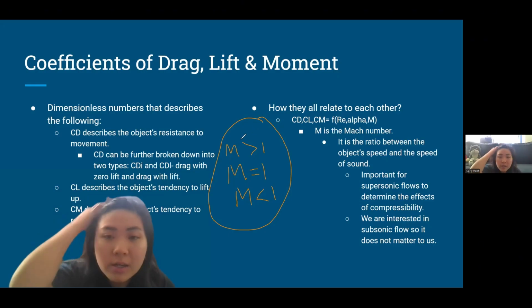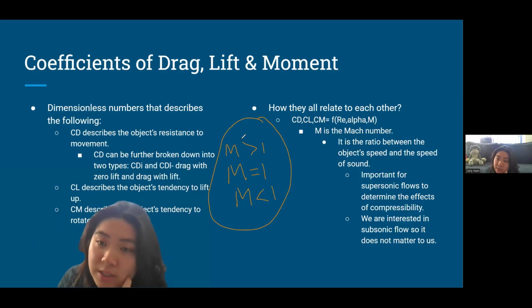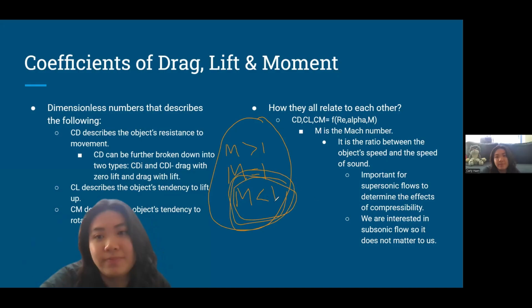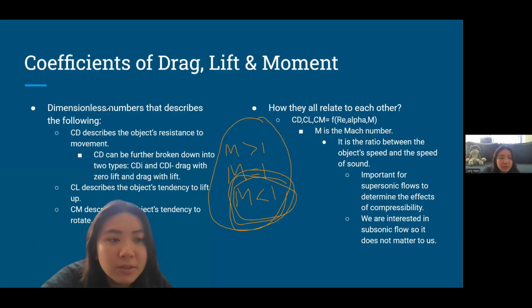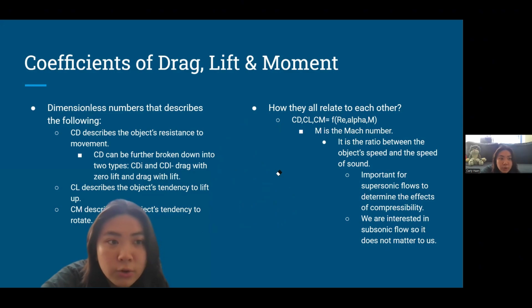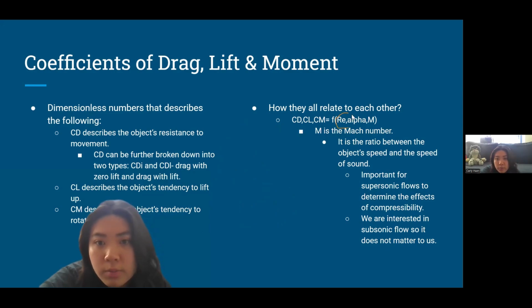But for our application, which is a submarine, we're dealing with subsonic flow. So if somebody quizzes you, just say that. Even so, your main concern would be your Reynolds number and your angle of attack.